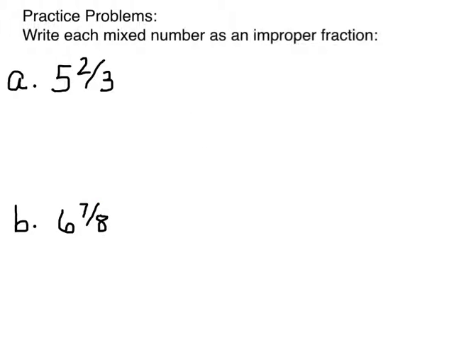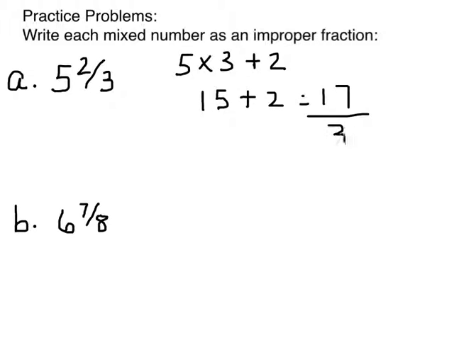This one says to write each mixed number as an improper fraction. Going through our numerical method, we're going to say 5 times 3 plus 2. 5 times 3 is 15, plus 2 is 17, our new numerator. Our denominator stays the same, so it would be 17 over 3.